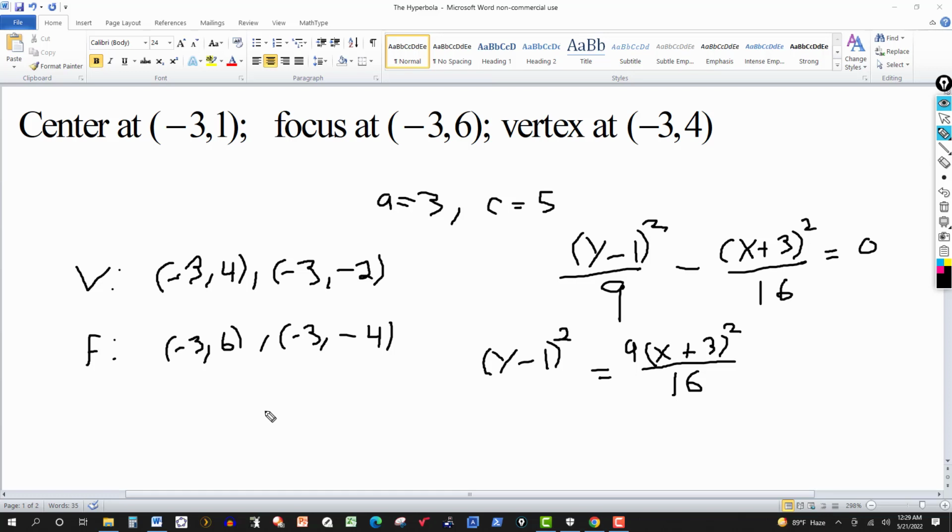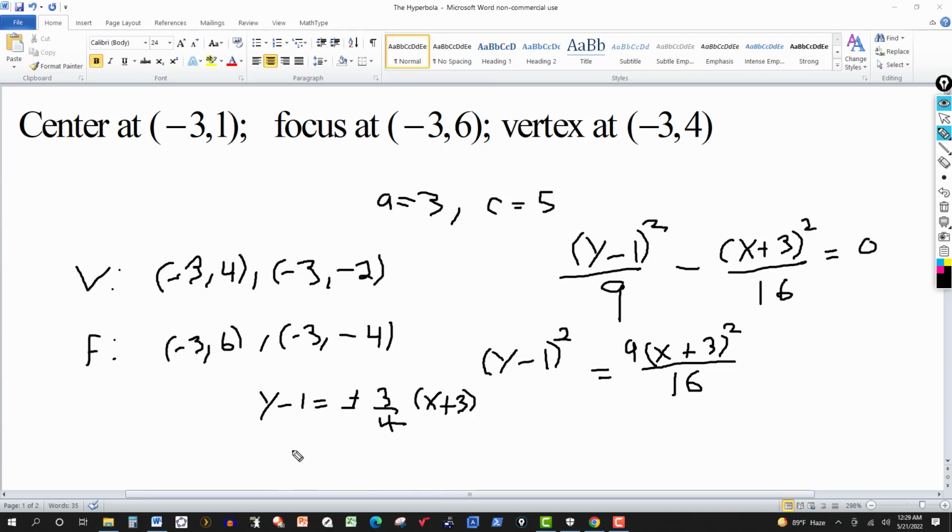So we take the square root of both sides, plus or minus. The left side gives me y minus 1 is equal to plus or minus the square root of the other side. The square root of 9 is 3, the square root of 16 is 4. And then it's (x plus 3) squared, take the square root and just get x plus 3.